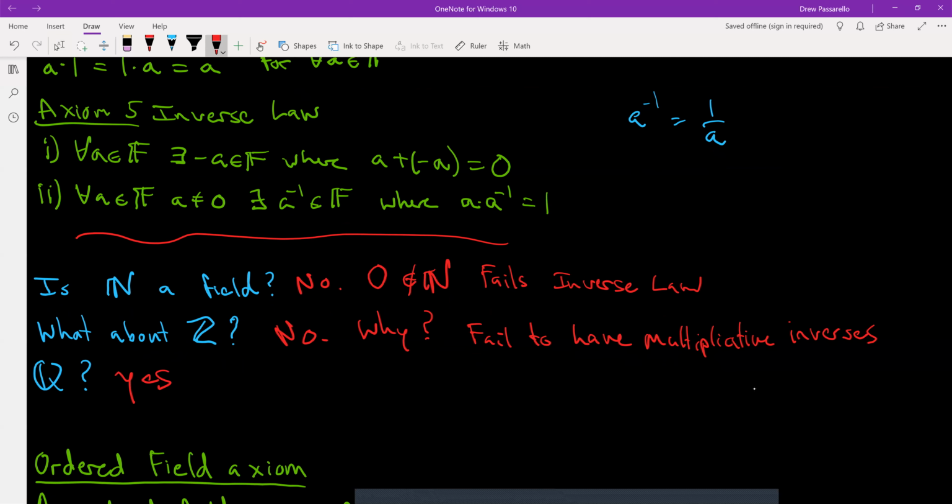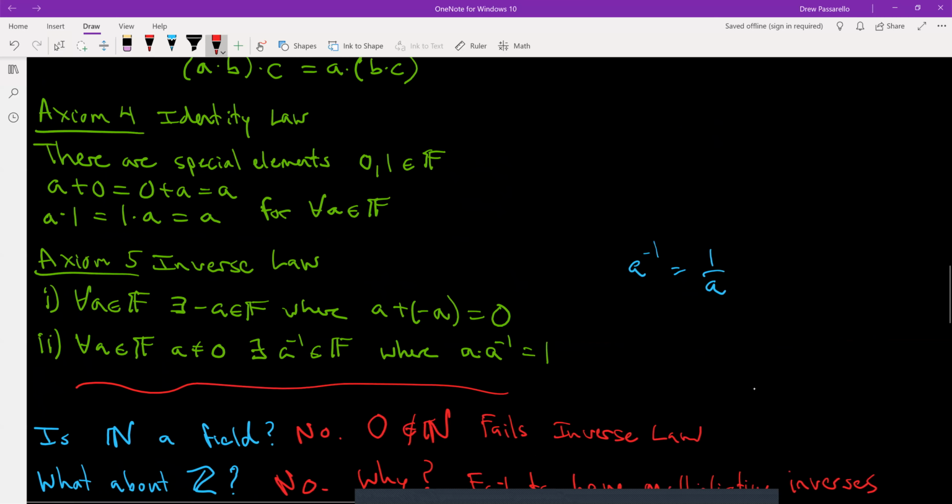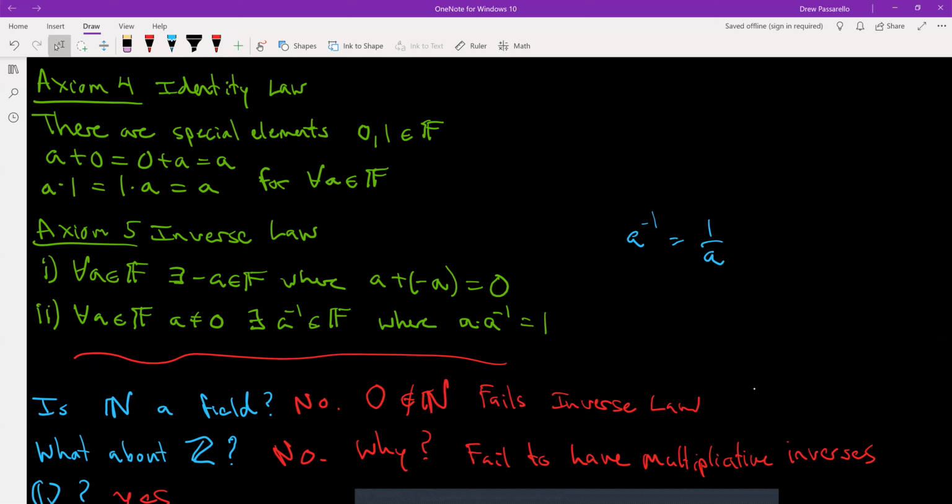All right, so the natural numbers is not a field. For one thing, it doesn't have the element 0. Sorry, 0 itself is the identity element, but we fail to have additive inverses in the natural numbers, so that when you add a natural number to its additive inverse, you get 0.